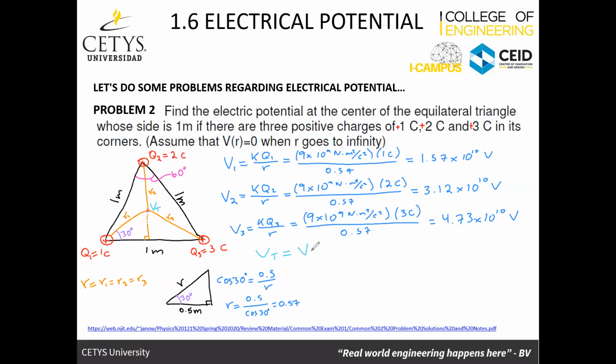Since all of the charges are positive, all of the potentials are positive as well. V1 plus V2 plus V3. And so the total would be the addition of these here. So can somebody give me that value? I got 9.44 times 10 to the 10.